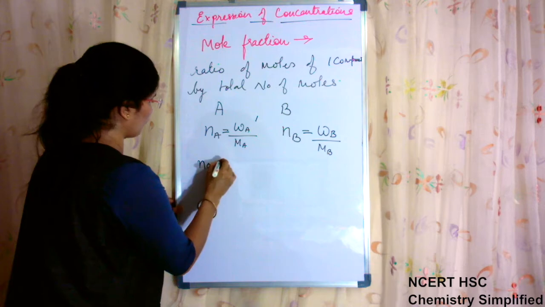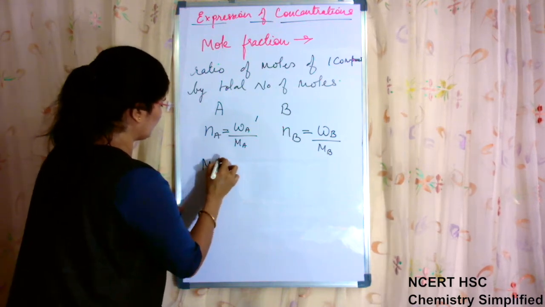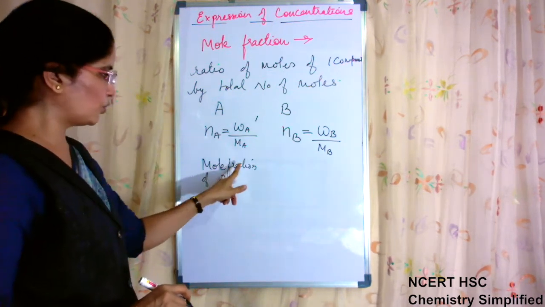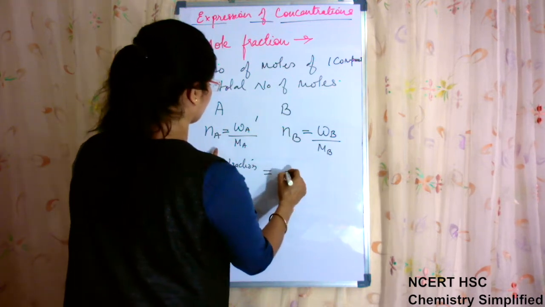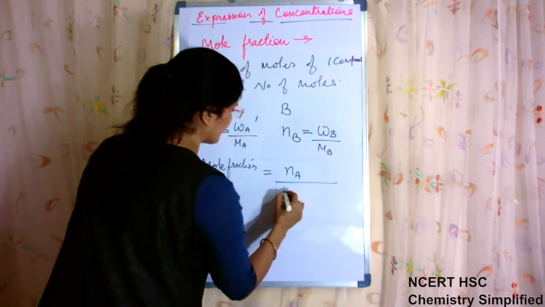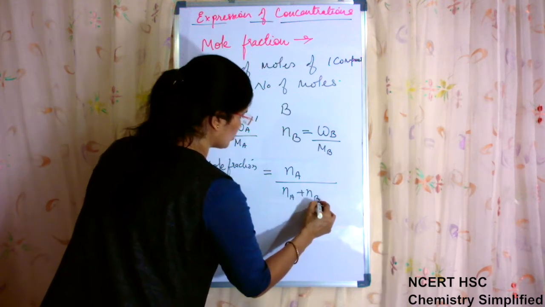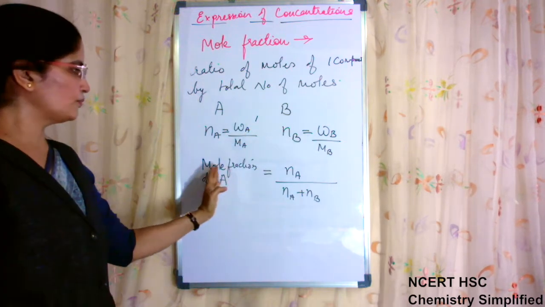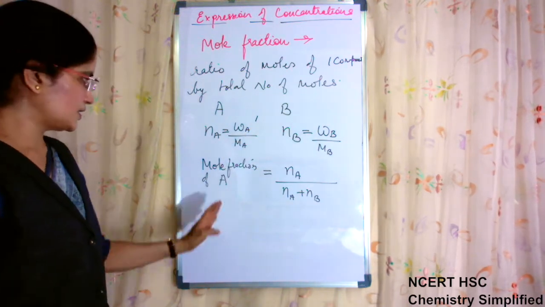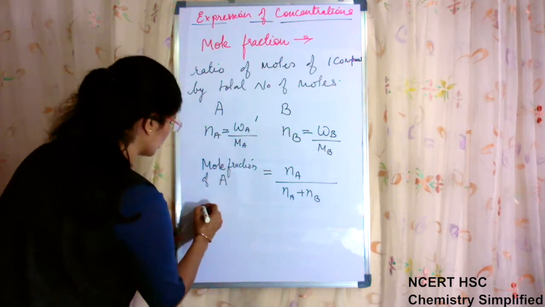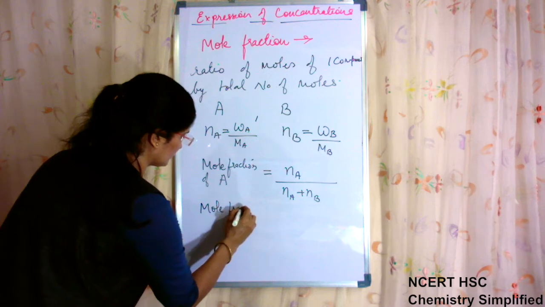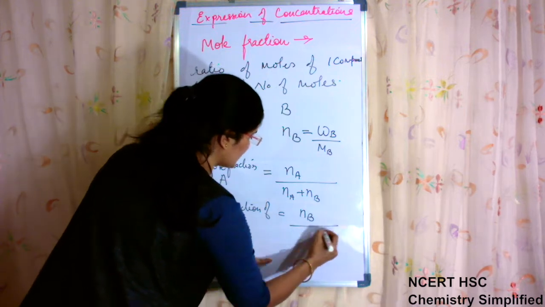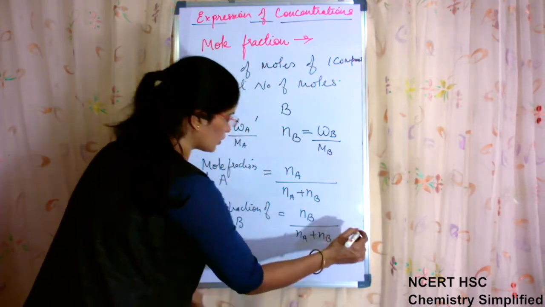If we are finding the mole fraction of A, then it will be the number of moles of A divided by the number of moles of A plus the number of moles of B. The number of moles we can calculate using this formula, and then the mole fraction of A we can calculate. The same way we can calculate the mole fraction of B, which will be the number of moles of B divided by the number of moles of A plus the number of moles of B.